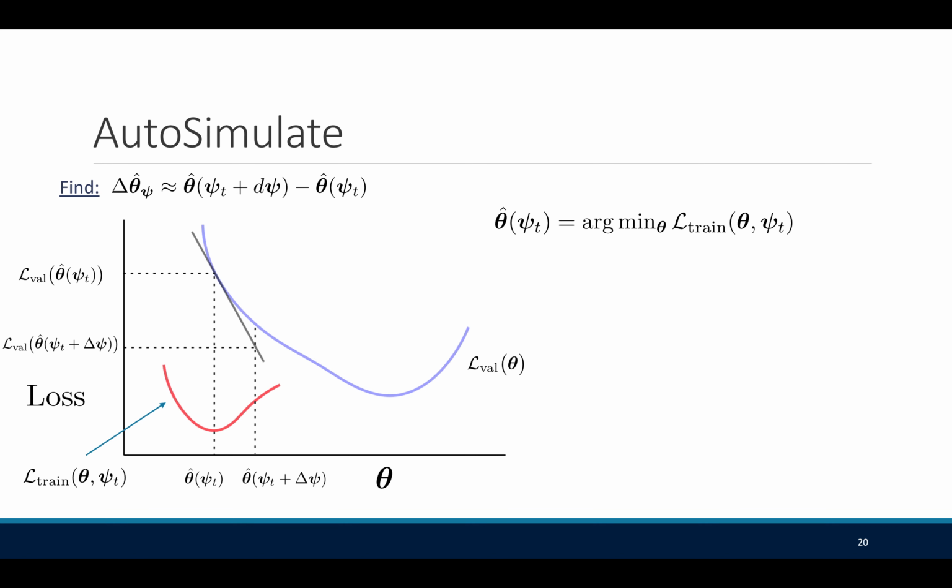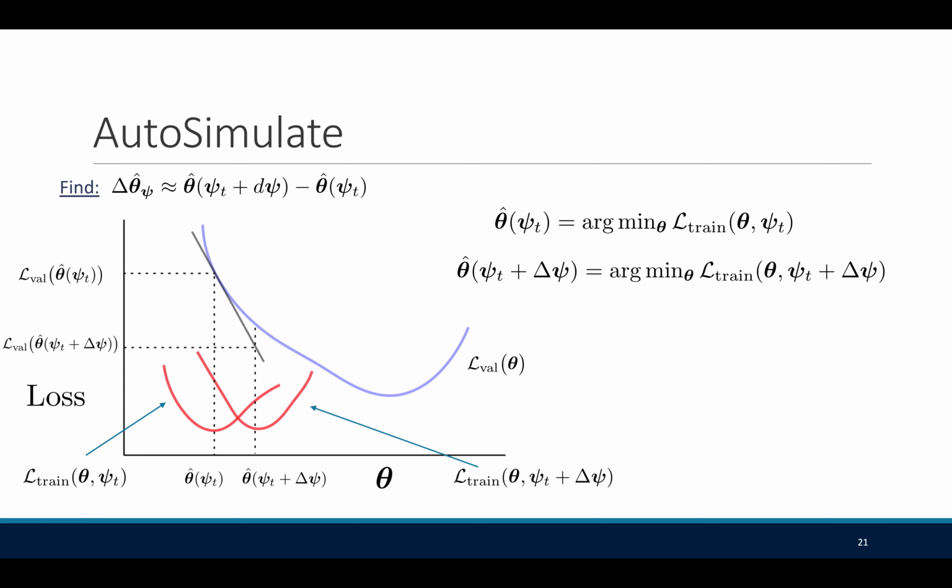It can be seen that theta hat of psi t is the optimal neural network parameters we get upon training on data from simulator psi. That is, it is the minimum of L train of psi t, which is shown in the red curve. Similarly, theta hat of psi t plus delta psi is the minimum of L train of psi t plus delta psi, which is shown in the red curve as well.